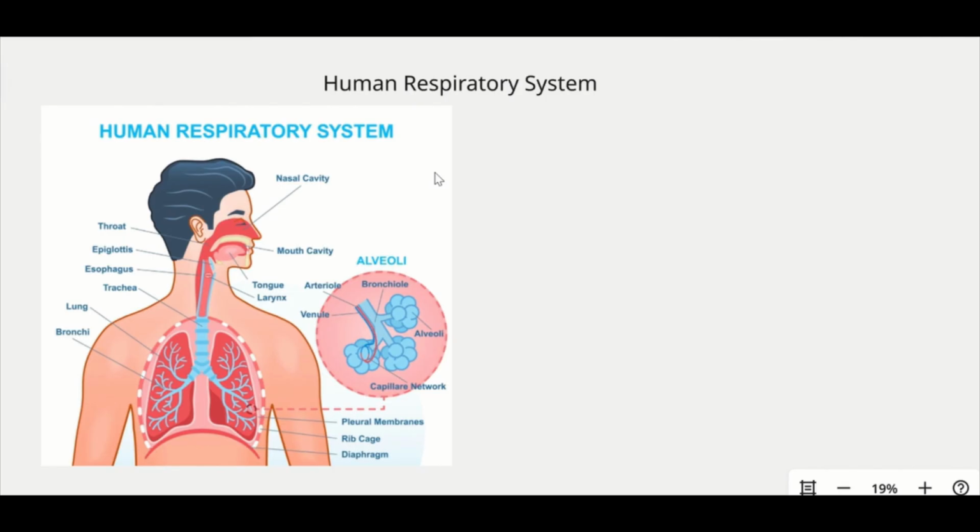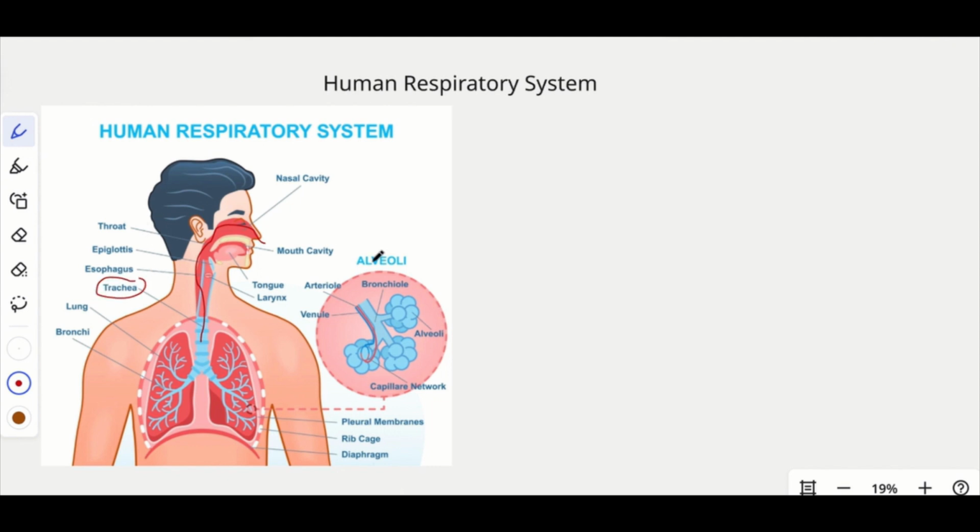From the nasal cavity, the air passes through the pharynx. As you can see here, the air will enter through your nose, the nasal cavity, then move to the pharynx. The pharynx, larynx, all this will be there, and then it will enter into the trachea.